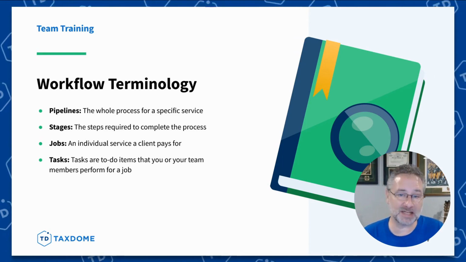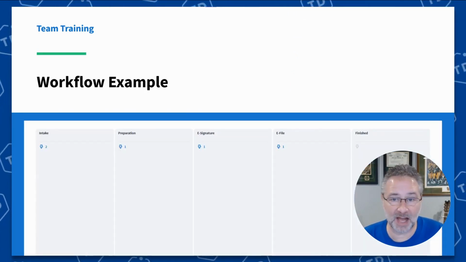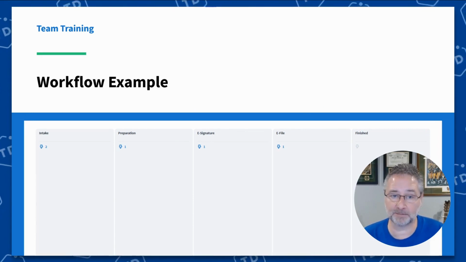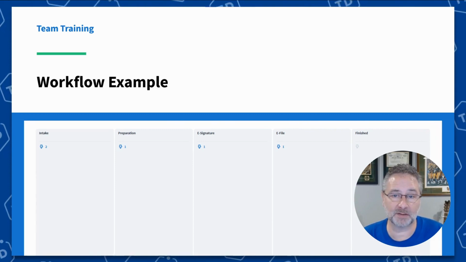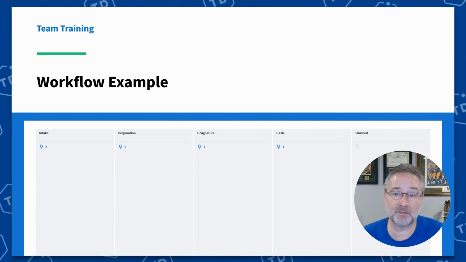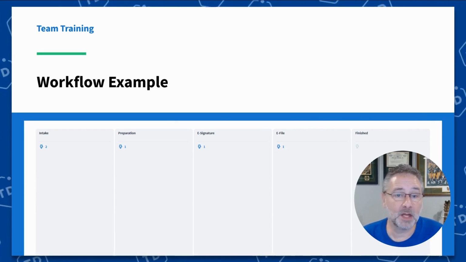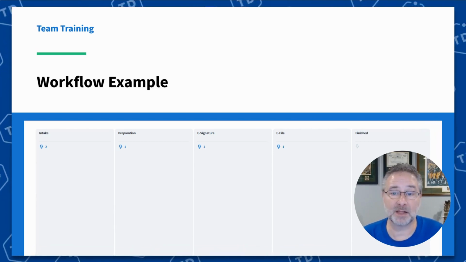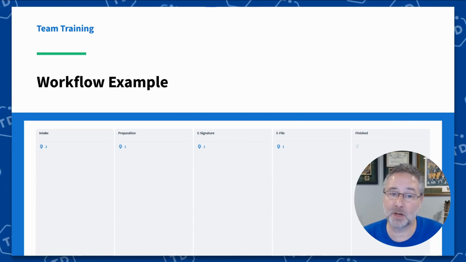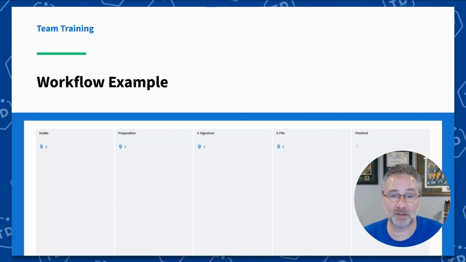So to give you an example, we prepared this slide. So let's take a very close look at it. This example is for tax return process, but it's applicable basically for any other service you provide. You can see that the pipeline is the whole process that's broken down into several steps, or in other words, stages.